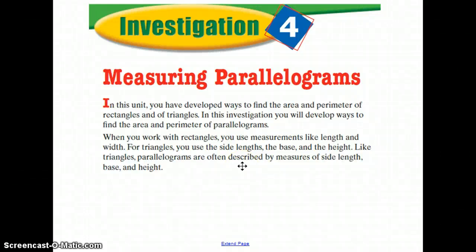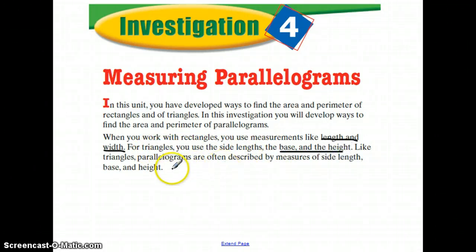Alright class, we're working on investigation 4.1, which is dealing with parallelograms. We've already worked with triangles and rectangles, and now we can investigate parallelograms a little more. As you very well know, rectangles deal with measurements of length and width, and triangles deal with side lengths of base and height.